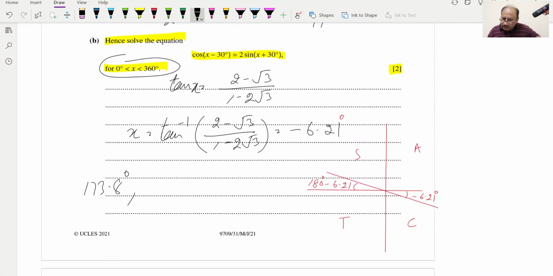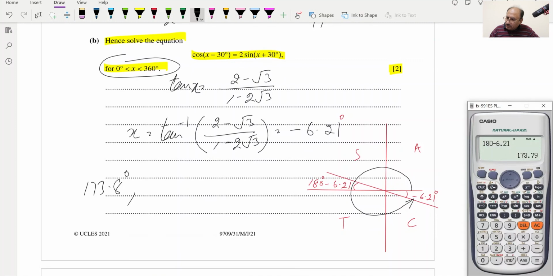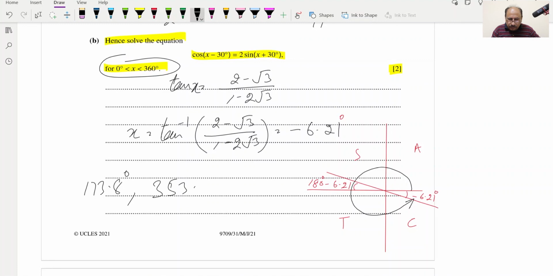And the second angle, which we can check from this point to this one, will also be less than 360, so this angle will be 360 minus 6.21, resulting in 353.8. So we can write here 353.8. This will be the final answer within the range provided.